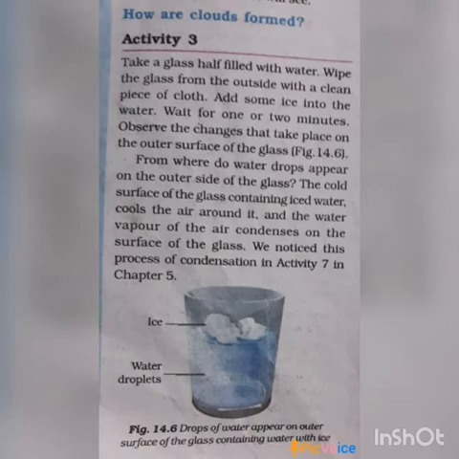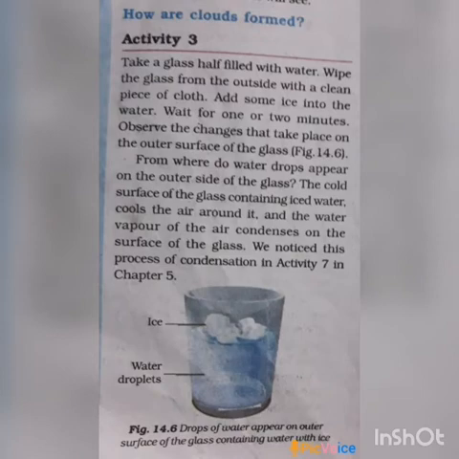What type of change will take place, children? There are some drops of water that appear on the outer side of the glass. Okay. From where do water drops appear on the outer side of the glass? Do you have any idea, children? Okay, let us see.